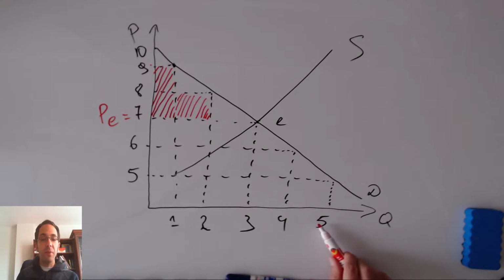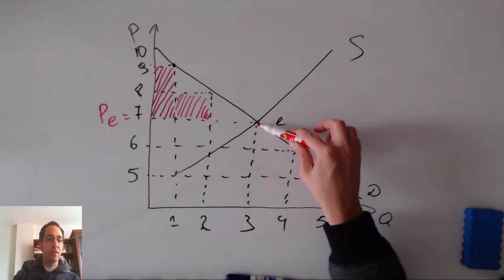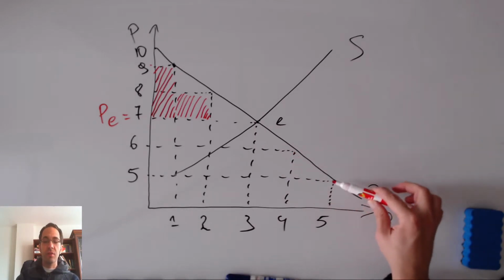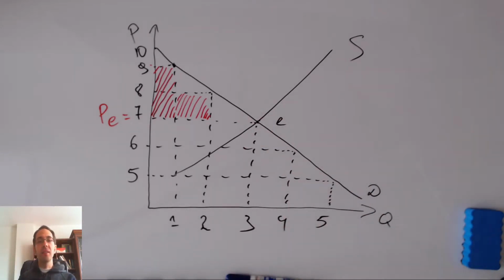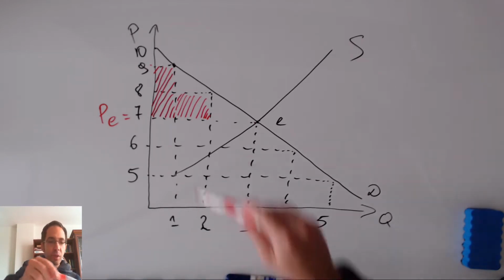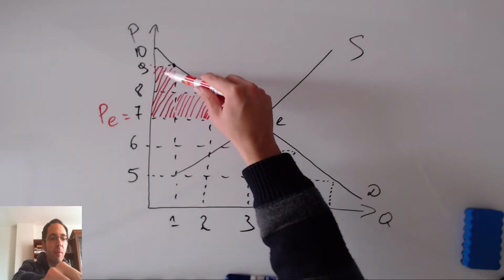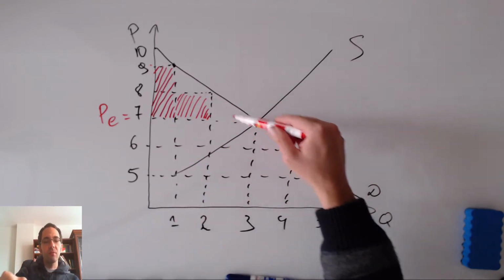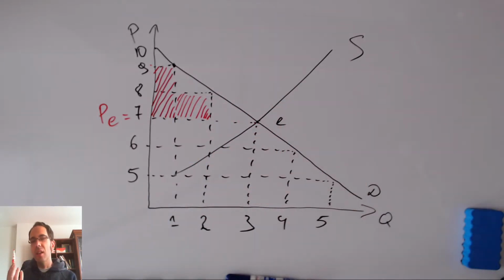Now, the fourth and the fifth, they do not value this product as much as the market does. They're willing to spend only 6 or 5. The price is 7, so they will not be buying them. So we're not really interested. They have no consumer surplus because they haven't really purchased the product. But in this diagram, we can see that the sum of the first and the second person, and the third one, whose consumer surplus is 0, still goes into the equation.